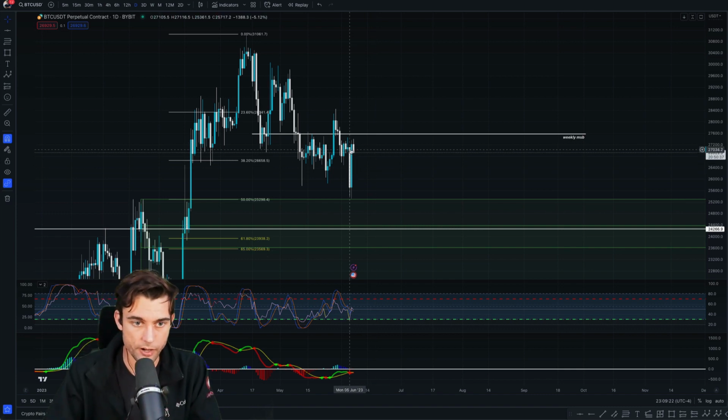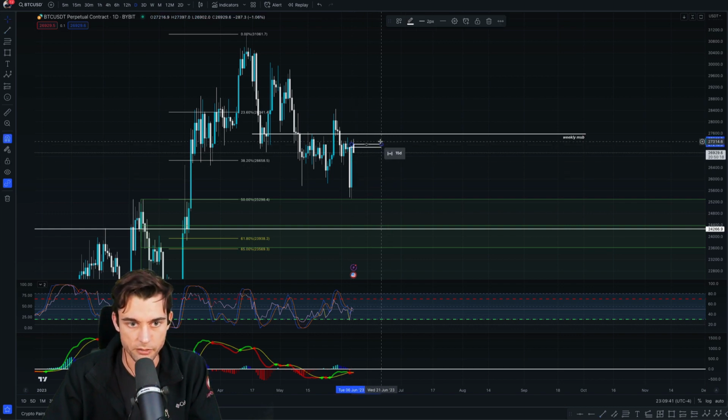But yeah, a little trick that I use is I look at the open of one candle, and that's the open of this candle, right? Because it opened here and it closed down there. And then I look at the close of another candle, and the candle right next to it ended up closing right there.